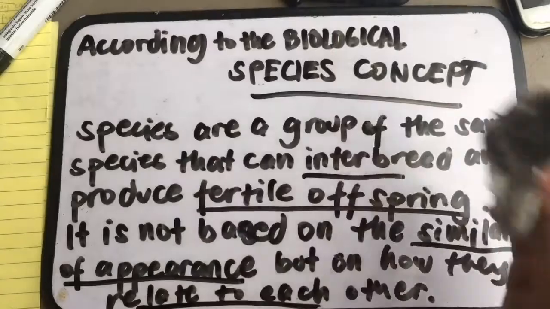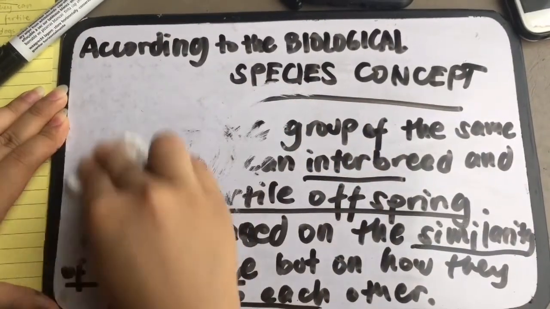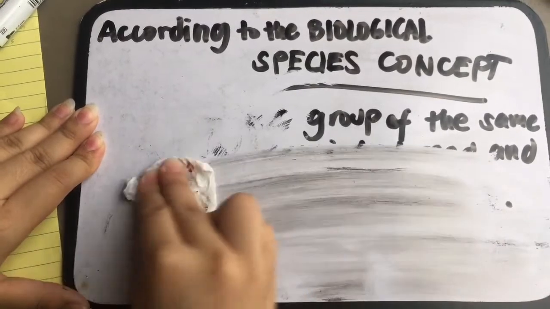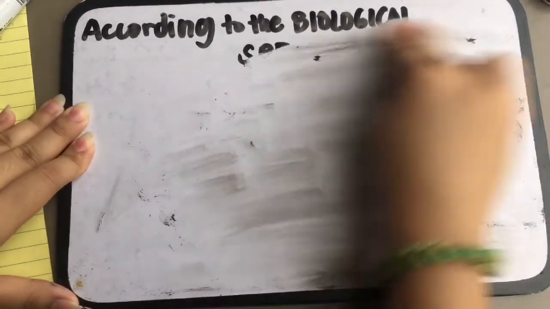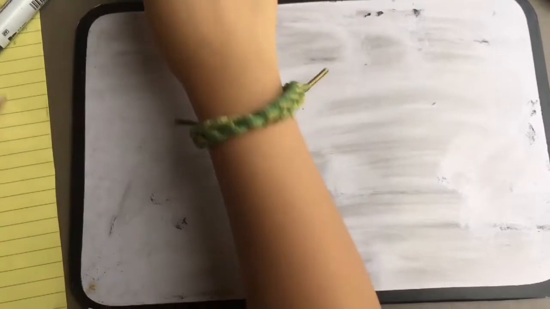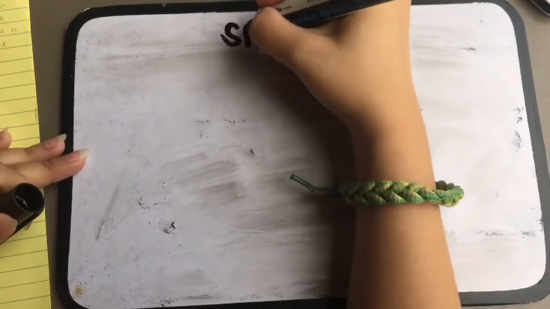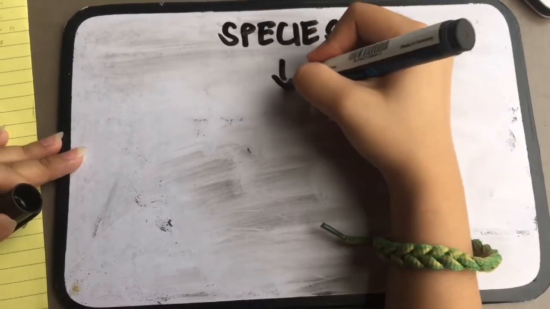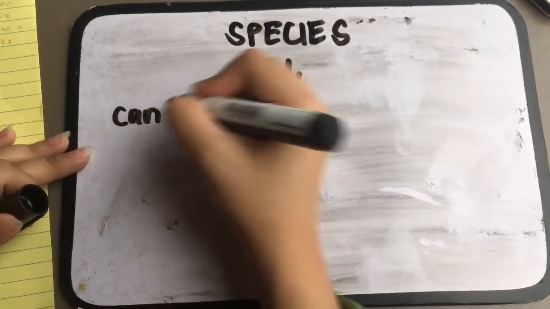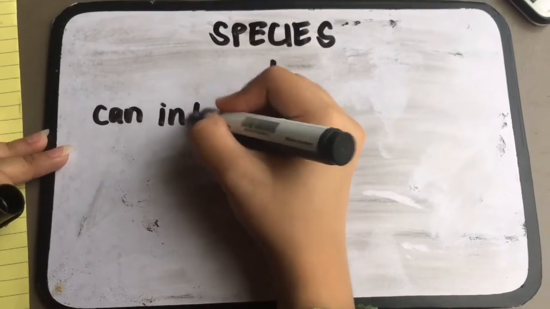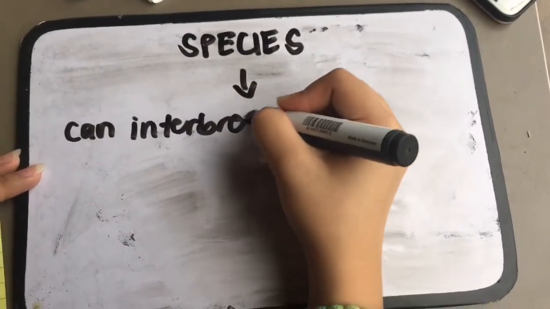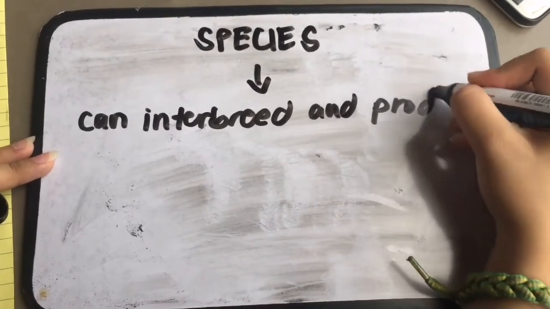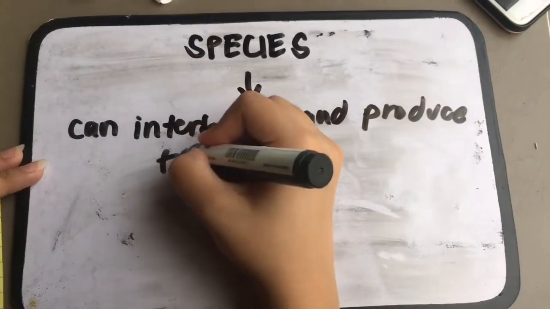So for us to really understand, I'll make a shortcut of the terms so that we will further know the definition of it. So, species can interbreed and produce fertile offspring.